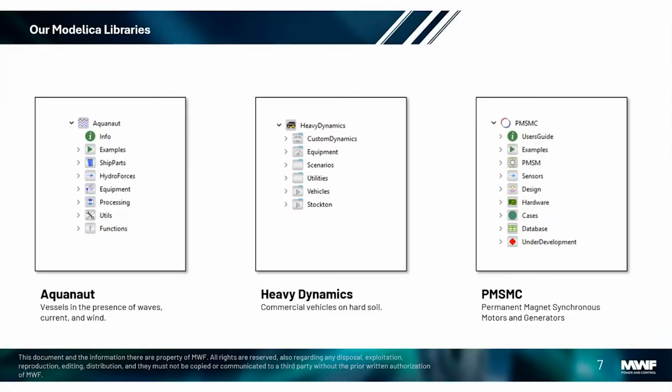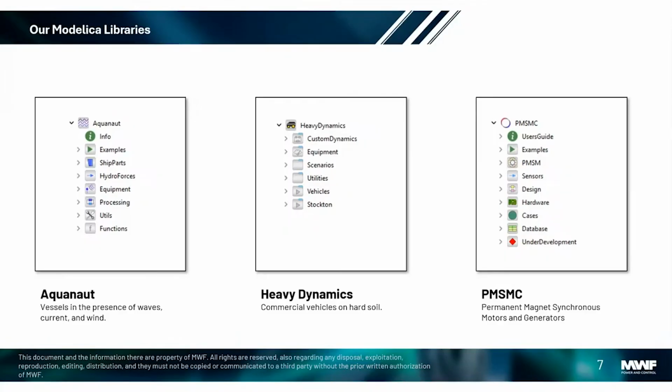has models for vessels in the presence of waves, ocean currents, wind, and many other interactions with different actuators like thrusters, rudder, bow thrusters, and so on. The Heavy Dynamics library is mainly devoted to commercial vehicles, but especially commercial vehicles driving on hard soil.